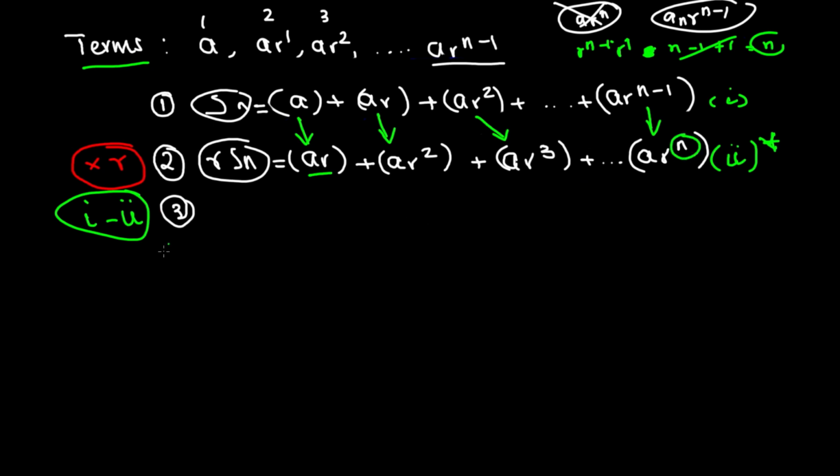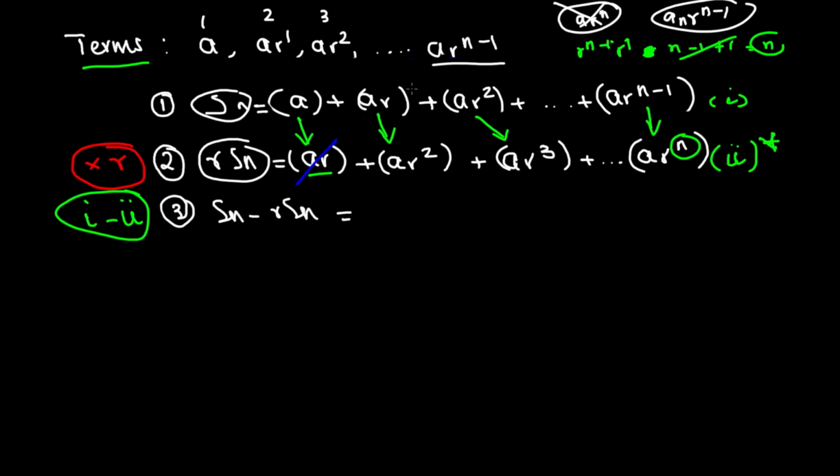So now the next principle is that we're going to subtract these two. I like to do the first one minus the second one, but you can do second minus first because the second is bigger than the first. So now what do we have here? We're subtracting these two equations. What will be easier is that we look for similar terms.